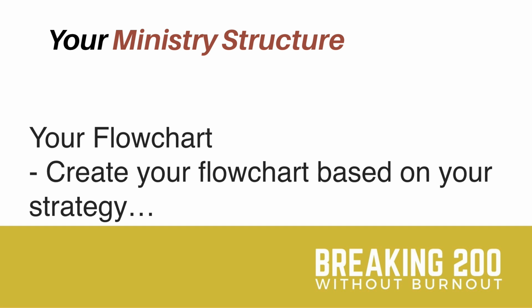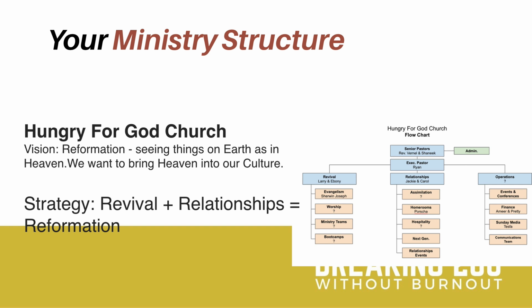If you remember when we talked about Hungry for God, we said that their strategy was revival plus relationships equals reformation. Let's take a quick look at their org chart. They have a revival department, and then they have a relationships department.